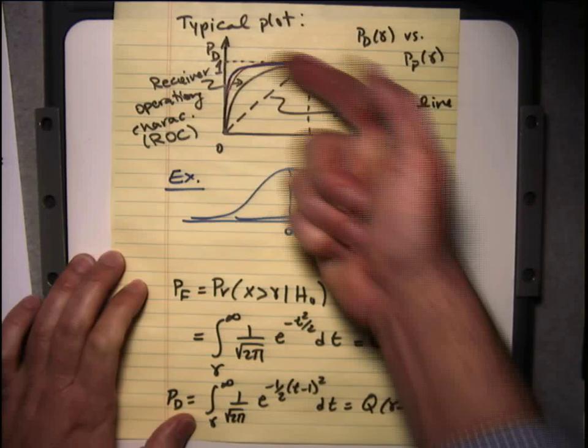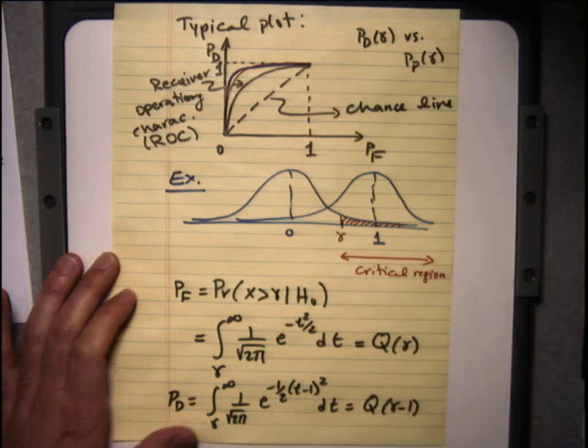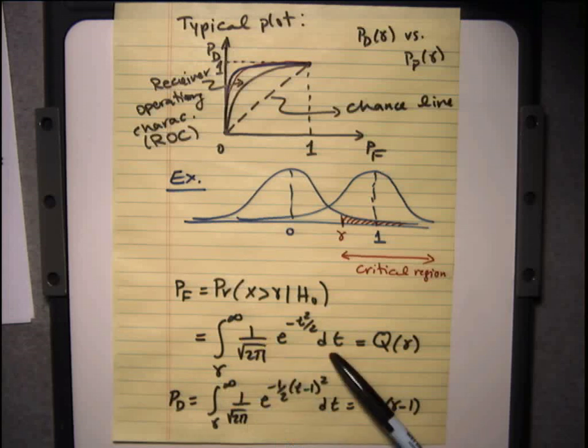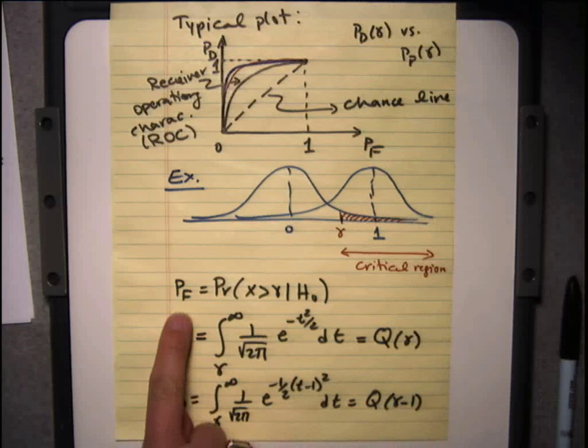Where would you end up on this curve? Well, let's go to this one. Q of minus infinity would be the integral from minus infinity to infinity of this exponential, which would be 1. So PF would be 1.